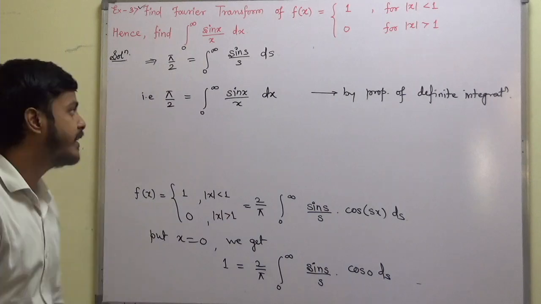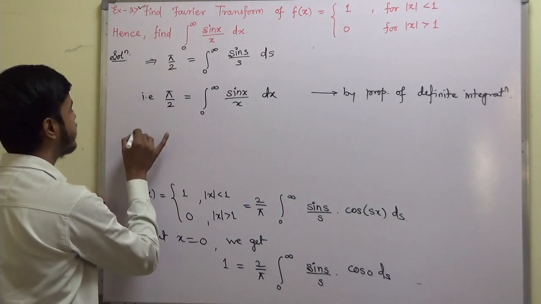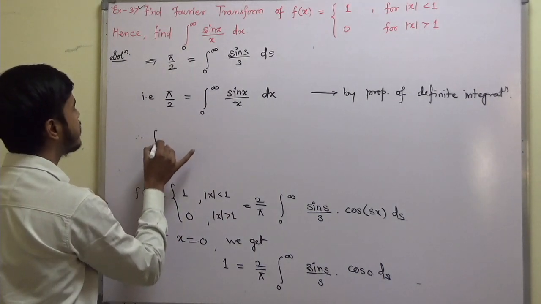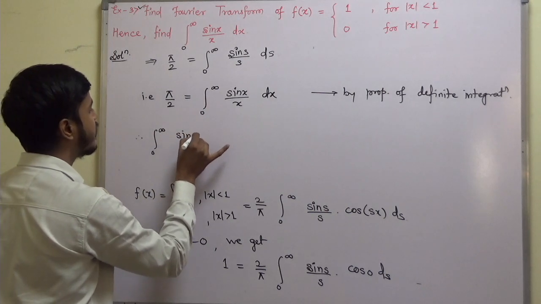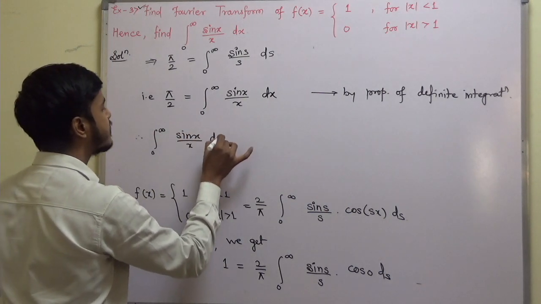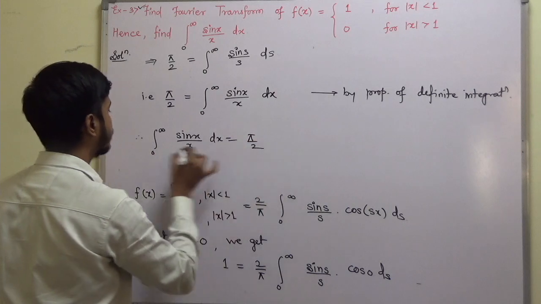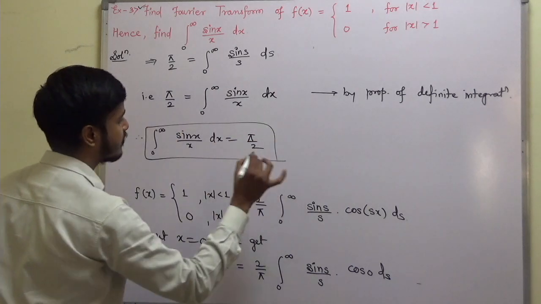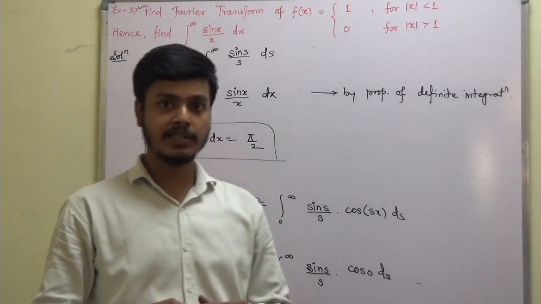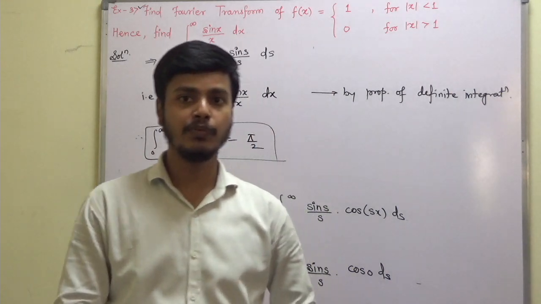Simple. So you can write, therefore, integration 0 to infinity sine x upon x dx is equal to pi by 2. So this is the result that we wanted to prove.